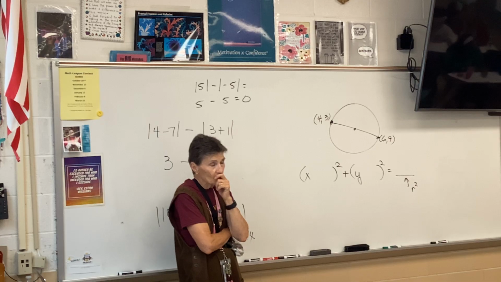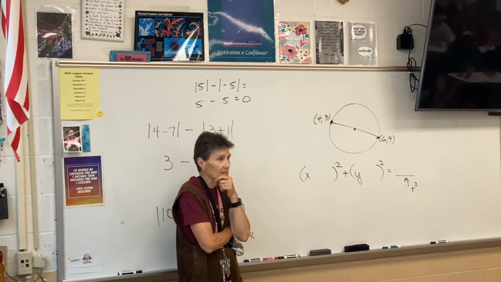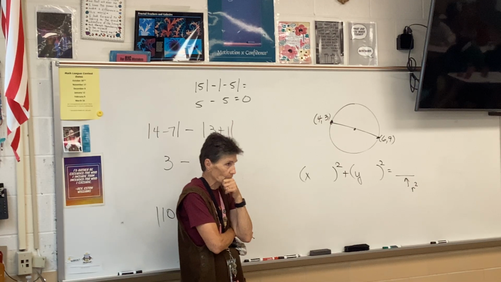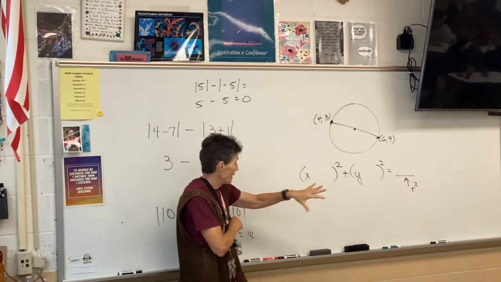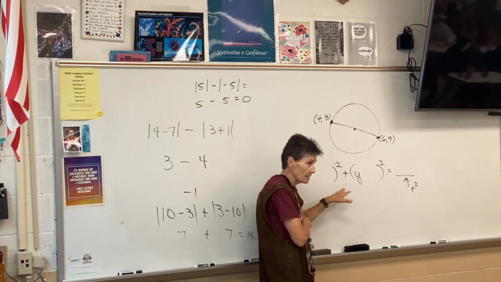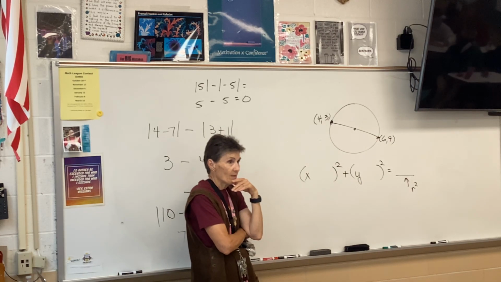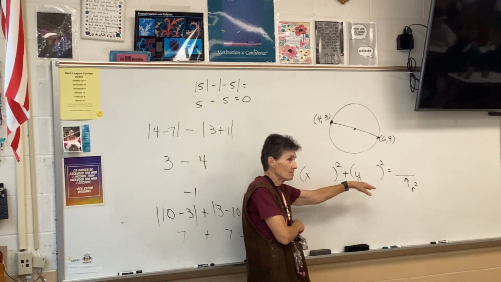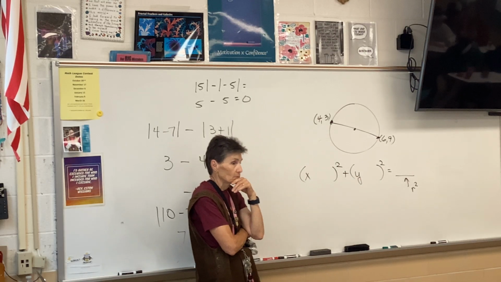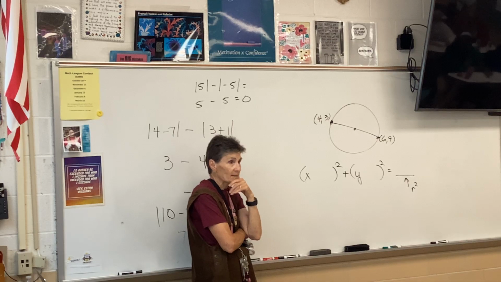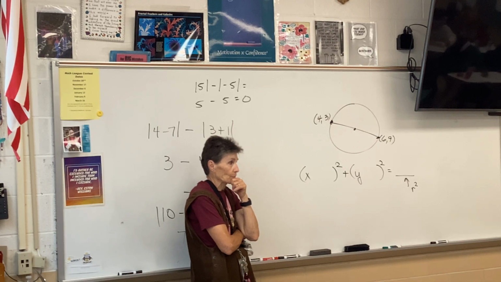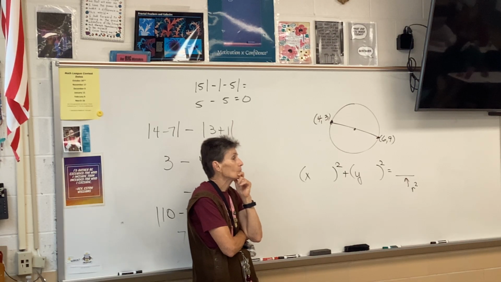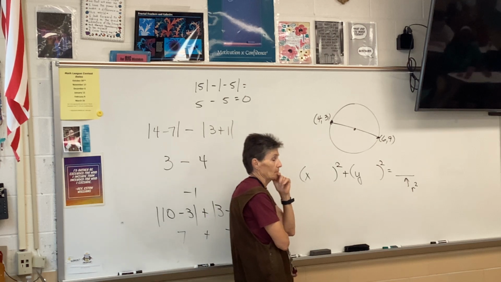Okay? So what do we need to know to write the equation of our circle? We have to fill in these parentheses, right? And these parentheses are the center. So I need to find the center. I'll find the midpoint.